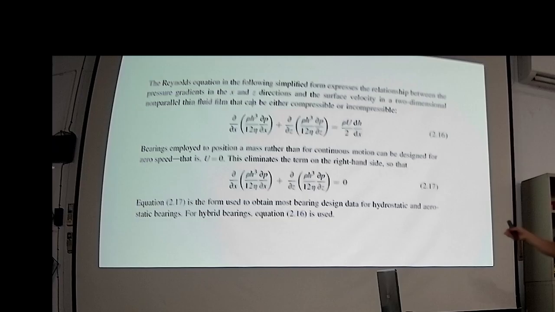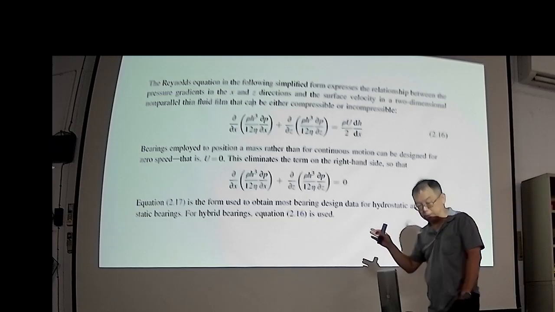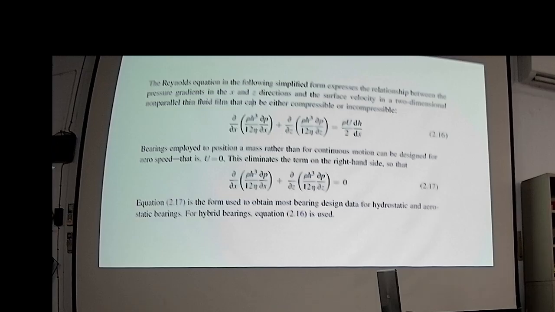If they are not parallel, then the Reynolds equation will be three-dimensional, so it will be more complicated, a partial differential equation. So this is the top plate with the velocity. This is the case if the velocity is equal to zero, if the top plate is not moving.